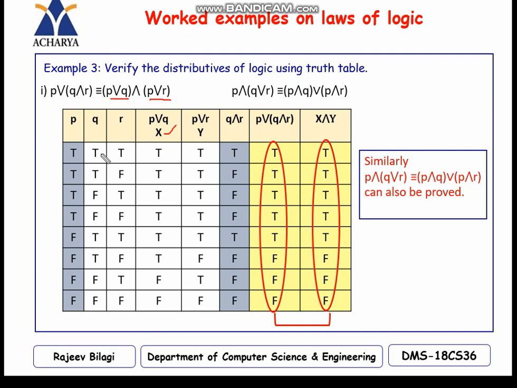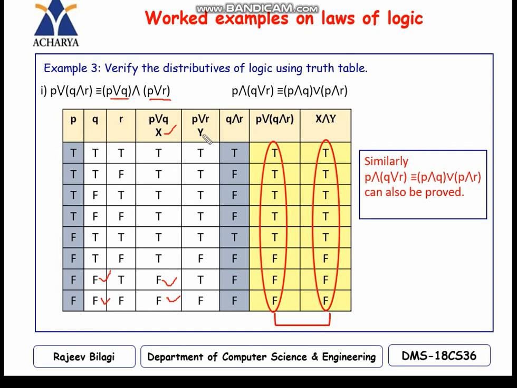So P or Q states that only when both the values are false is it false, otherwise it is true. If you look at the last two columns, you will get F here, and here you are going to get F. So all other values will be true. Okay.